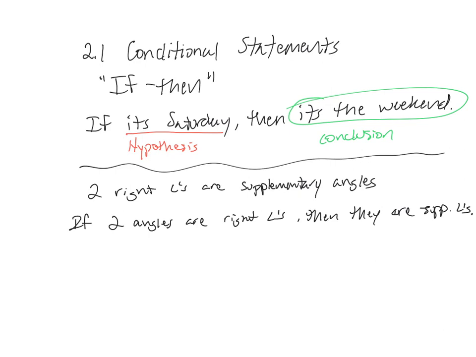This would be the hypothesis: two angles are right angles. Then the conclusion: technically the word then isn't part of the conclusion. So you'll have a few problems that ask you to take a statement and write it as a conditional statement, an if-then statement.